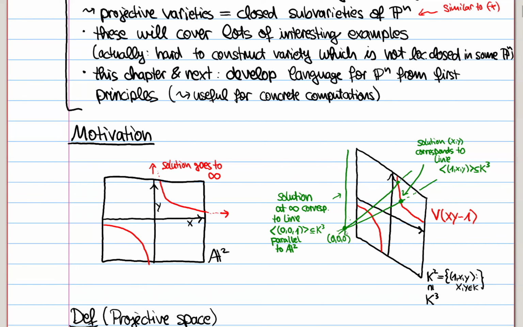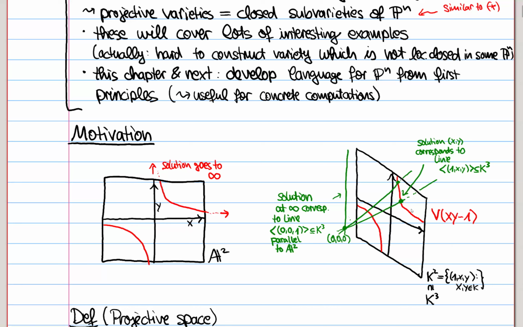And then you have a projector at the origin, and it's starting to project images onto the screen. And so, for example, if you want to get this vanishing set here, then any point on this solution set would correspond to a line going from the projector, so from the origin, to this point here. So the solution x, y corresponds to the line spanned by the vector 1, x, y, because this is placed at height 1 in the first coordinate.